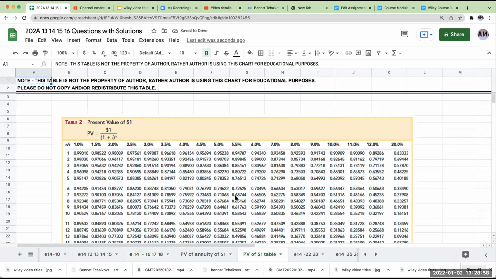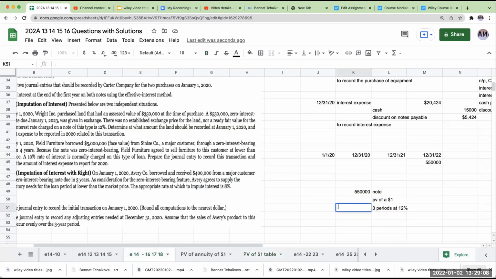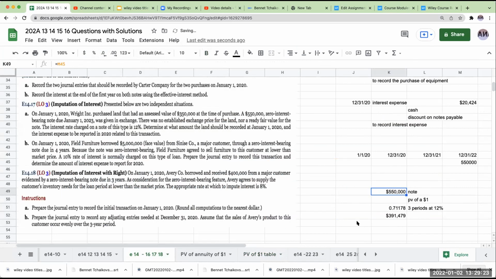So I'm going to go over here to 3 periods at 12%, and I'm going to get 0.71178. And when I multiply this through, I'm going to end up getting 391,479.